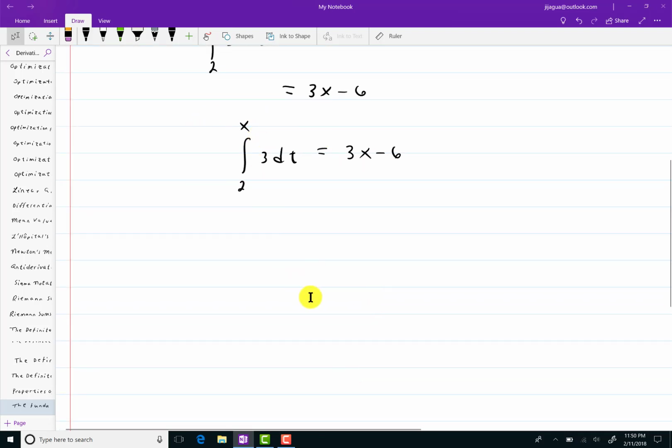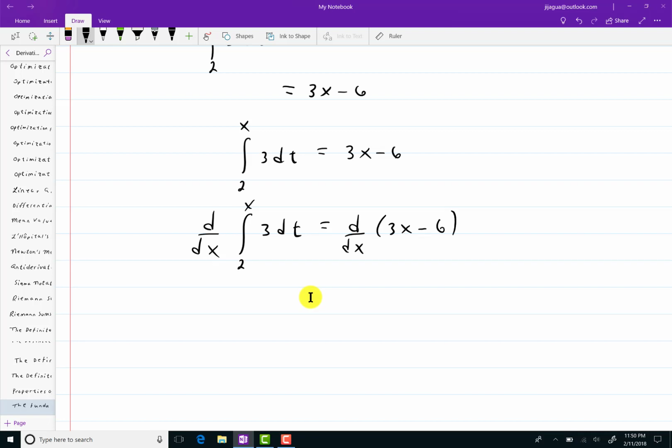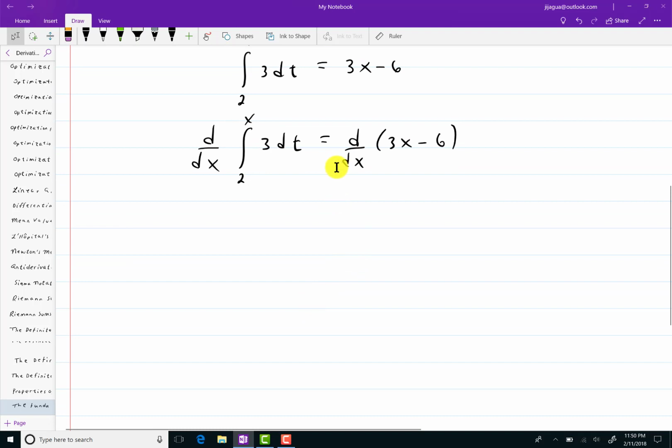So that amounts to putting a d over dx on the left, and a d over dx on the right. Well, notice that when I take the derivative of the right-hand side, the derivative of 3x minus 6 is simply 3. And you notice that matches what's inside of the thing before I took its integral.